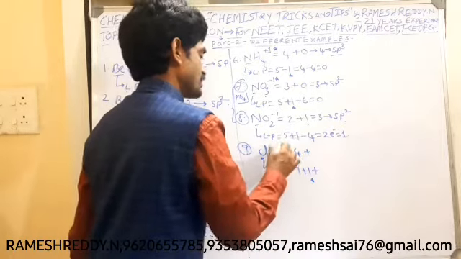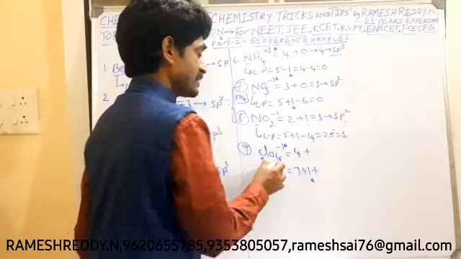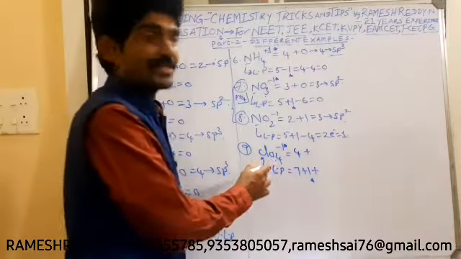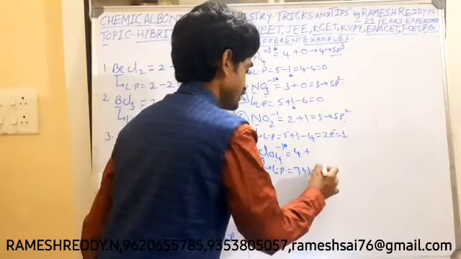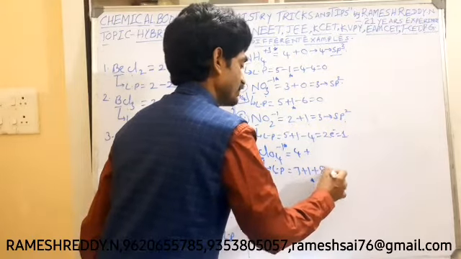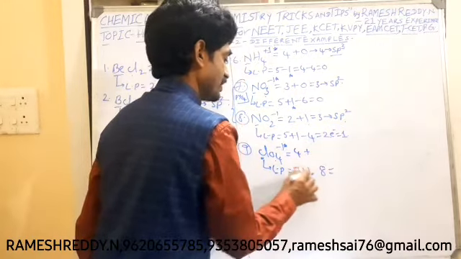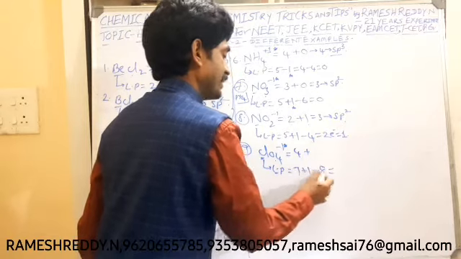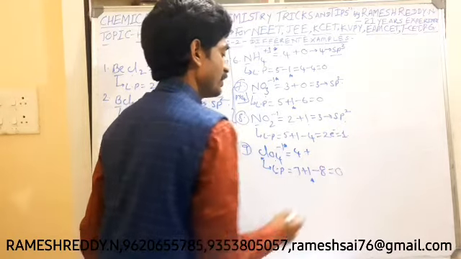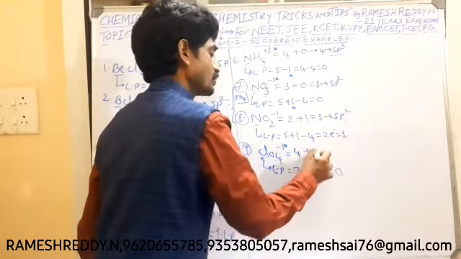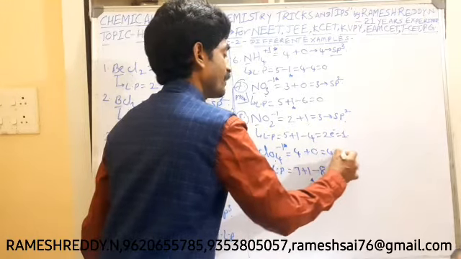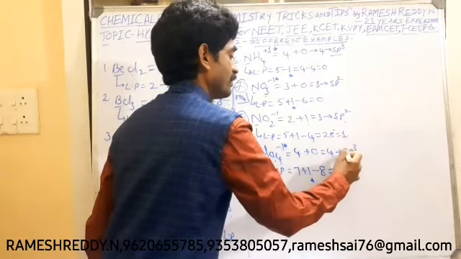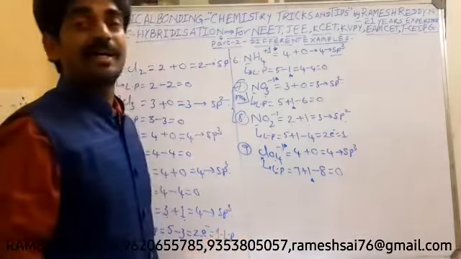Got it, my dear students? Okay, then there are 4 oxygens. For each oxygen 2 electrons, 4 into 2, 8. So 7 plus 1, 8, minus 8, 0. Then the lone pairs are 0. So 4 plus 0, 4. 4 means the anion undergoes sp3 hybridization.